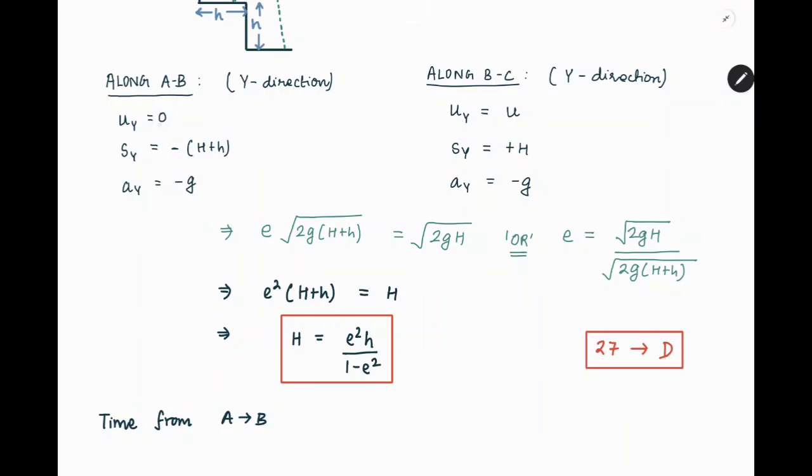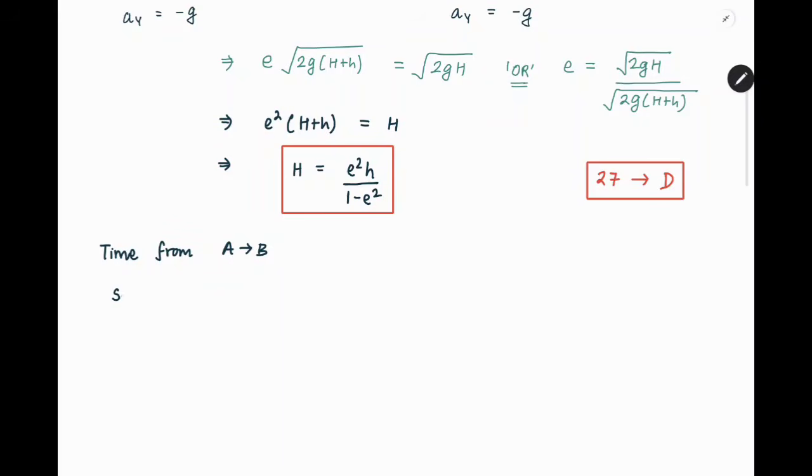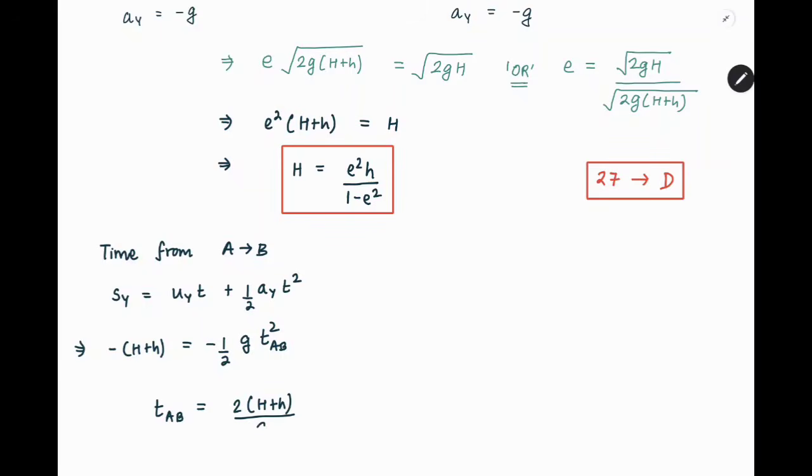Initial velocity is 0, displacement and g are given to us. So we can simply solve using s equal to uyt plus half ayt square, and from here we get time AB. So this is minus of h plus h equals ut, which is 0, minus half g TAB squared, and therefore from here we get TAB is equal to square root of 2 times h plus h by g.